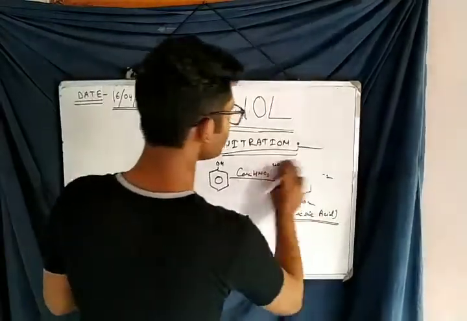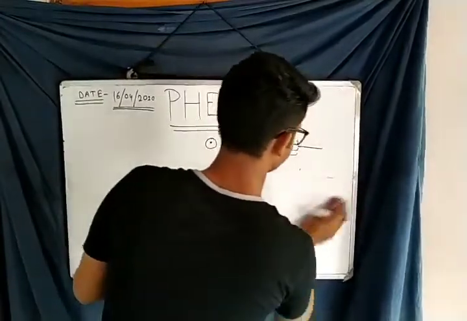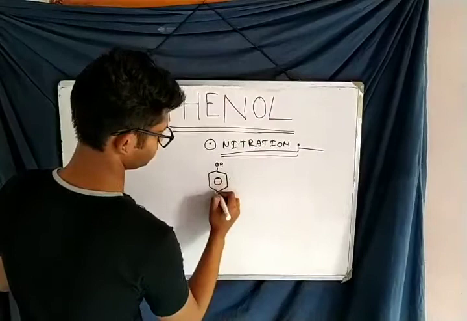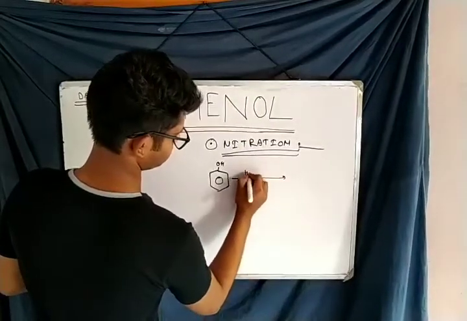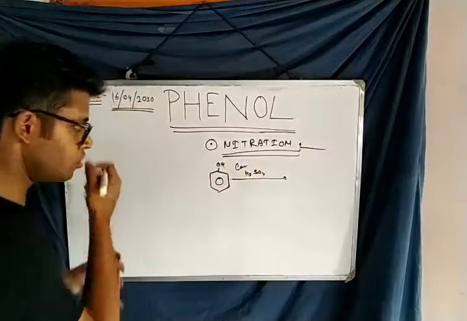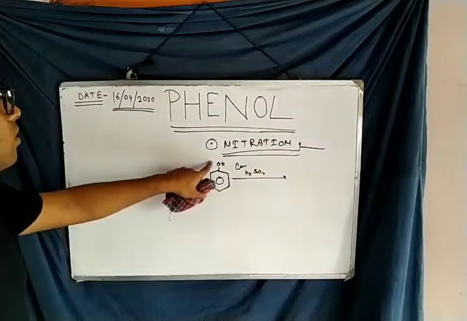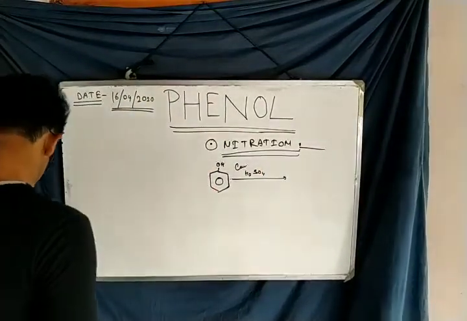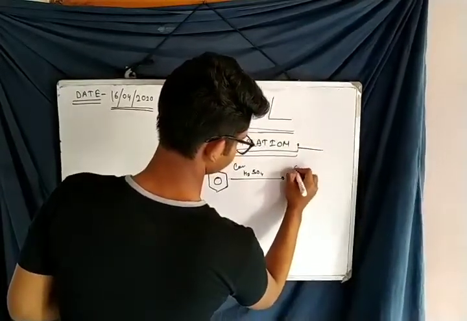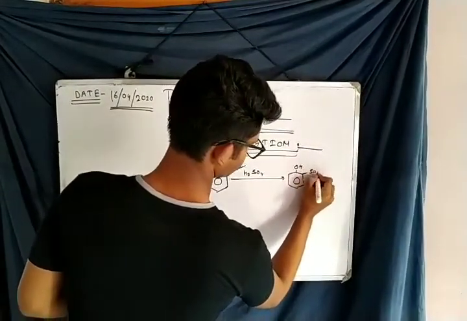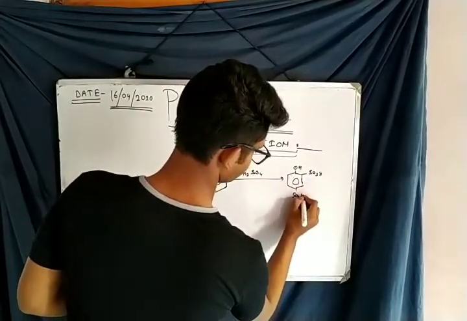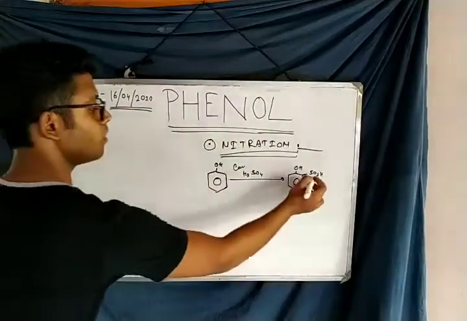When phenol is treated with concentrated H2SO4, we know the compound formed will be OH with SO3H, SO3H. This compound will form.